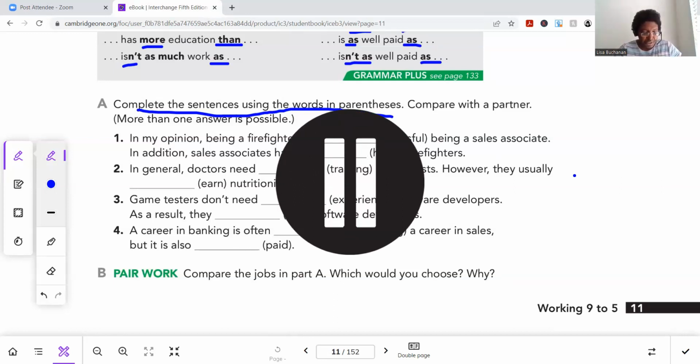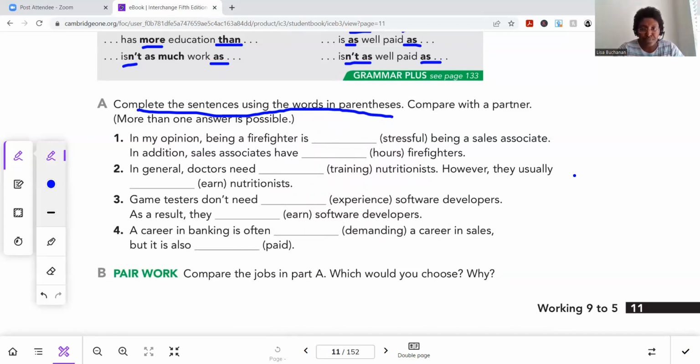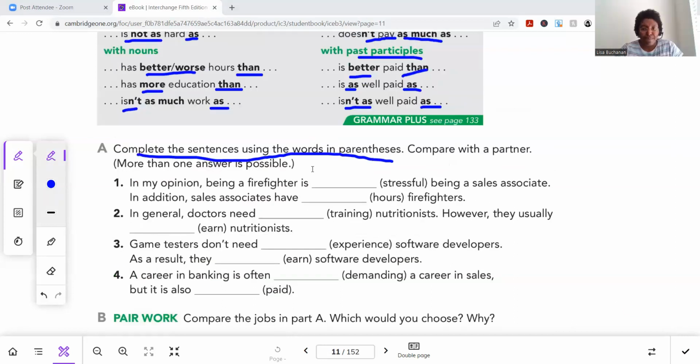So let's take a look at A. In my opinion, being a firefighter is more stressful than. Okay, number one, I'm going to type it right in. More stressful than. In my opinion, being a firefighter is more stressful than being a sales associate.